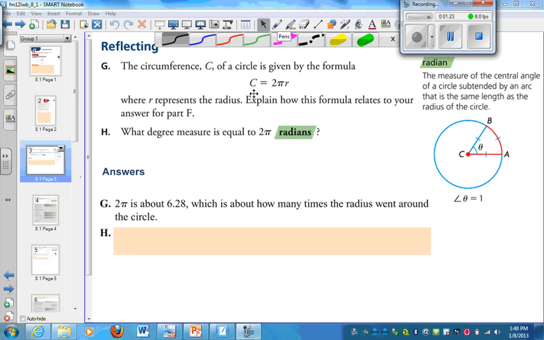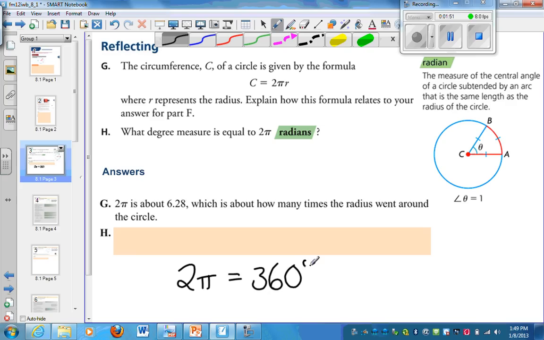Okay, so know that the circumference is equal to 2 pi radians. So all the way around a circle is equal to 2 pi radians. So let's say that the radius is 1, so 2 pi is equal to 360 degrees.